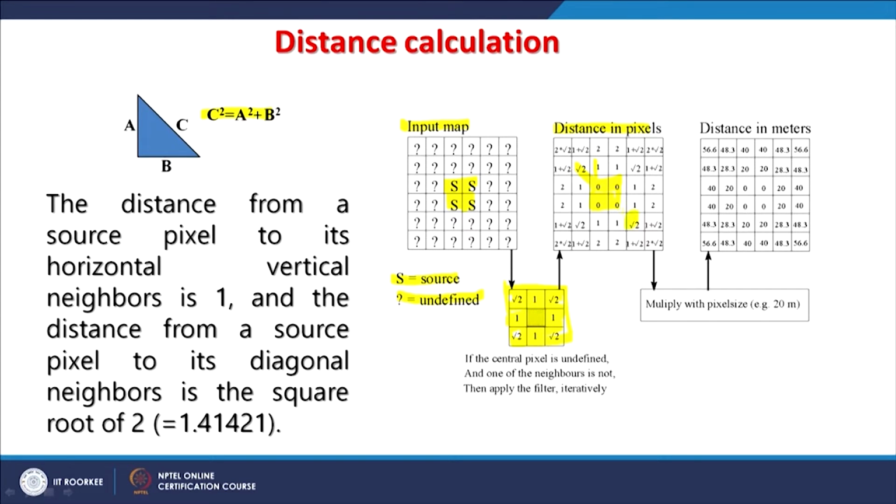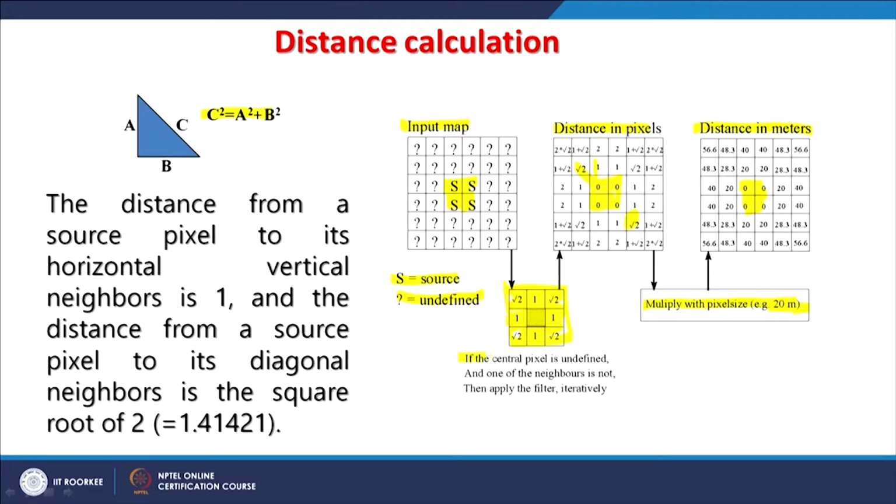Similarly downward, and as far as you go the distance increases from the source of water. So when we multiply with the pixel size, here is the resolution, the spatial resolution of this input data, now we can get the distance from the water source to the different cells. So now we have the distance.